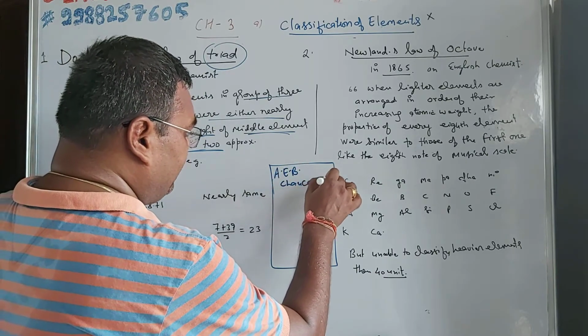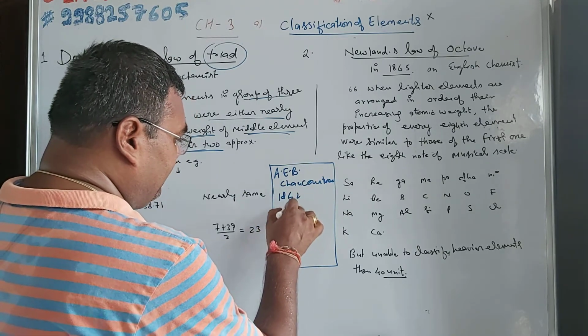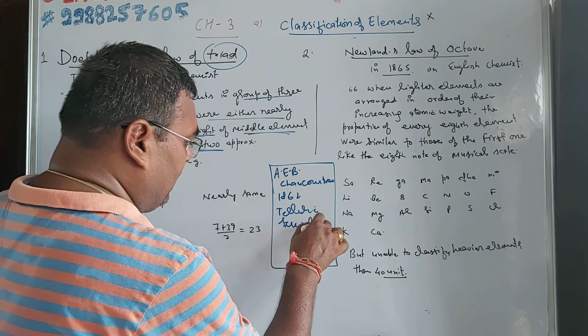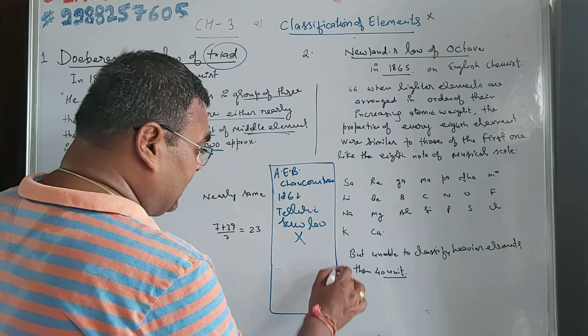De Chancourtois in 1862 gave the telluric screw law, but it was discarded. This is the first 3D attempt at classification.